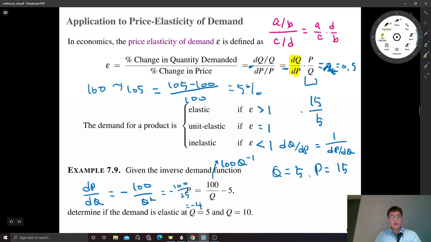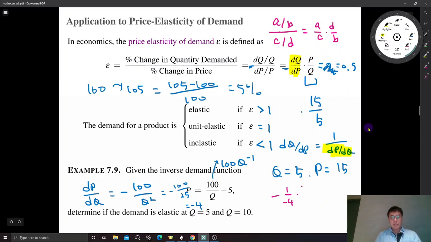Okay, so now we obtain dp over dq, but we have to put in dq over dp. So we just take the reciprocal, negative 1 quarter, but we have an additional negative sign in front. So negative and negative will be positive, multiplied by price over quantity.